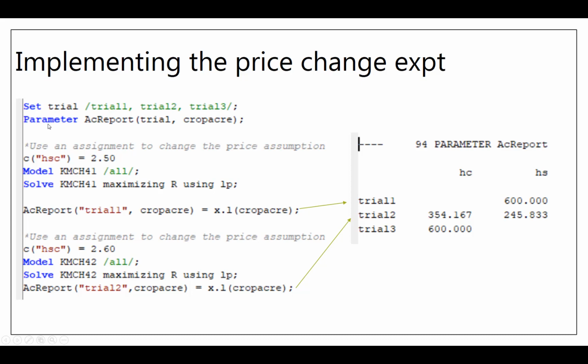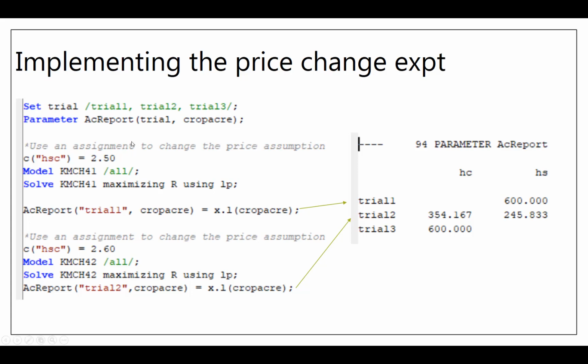And then I want to make a new parameter here that says I want to collect my solutions as something called acres reported. I'm going to report acreage out of each of my trials, and the rows of that parameter are going to be trials, and the columns are going to be those crop acres. It's going to be the 3 different crops that I harvest acreage on.